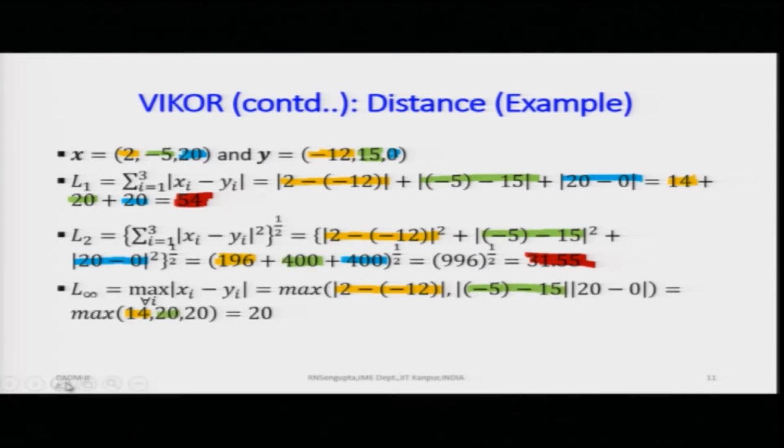And the last value I am using the color blue, which is 20 and 0, 20 minus 0, which comes out to be 20, and the actual value comes out to be 20. So, the values are 54, 31.5, and obviously there would be L3, L4, L5, and so on till the last one, which is 20.